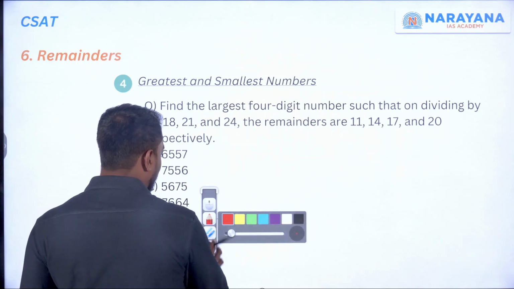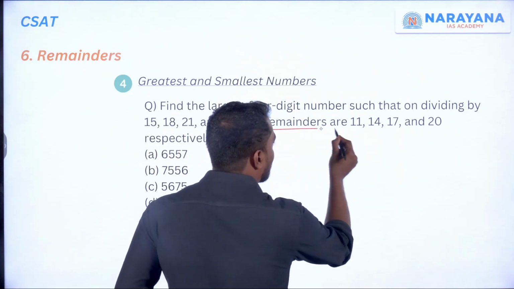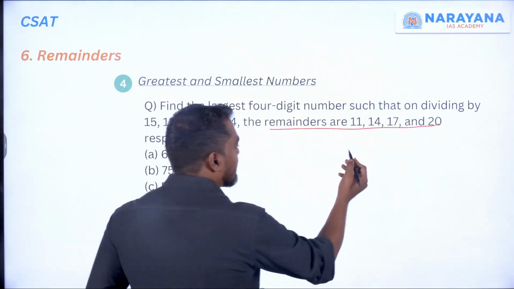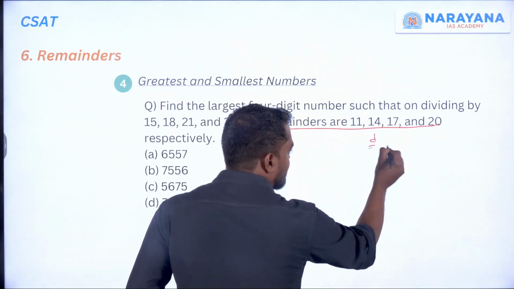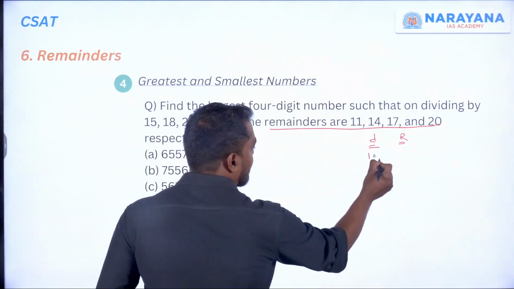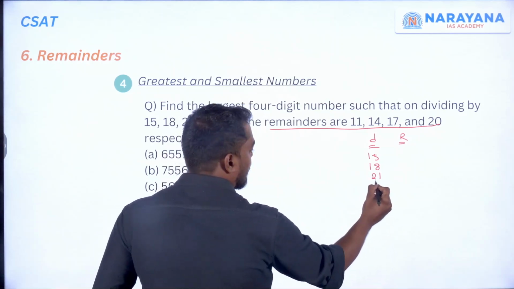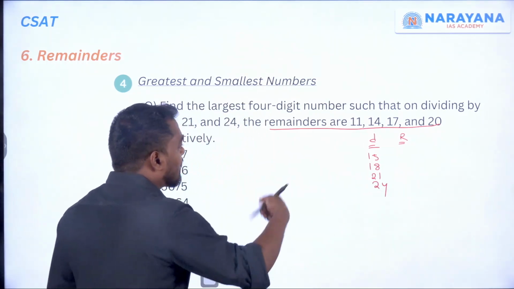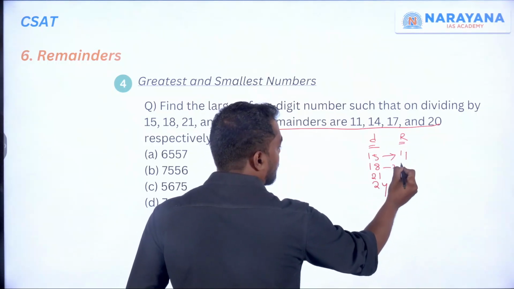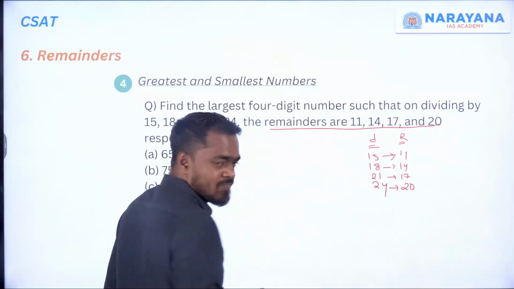Okay, let's solve this one. When there is a case like they are leaving remainders in each case, I have already told you in LCM and HCF, write down the divisor and remainder. So what are the divisors? 15, 18, 21, 24. What are the remainders in each case? 11, 14, 17, 20.